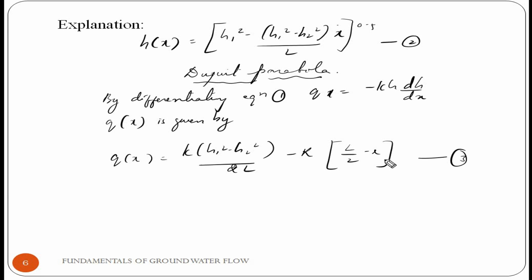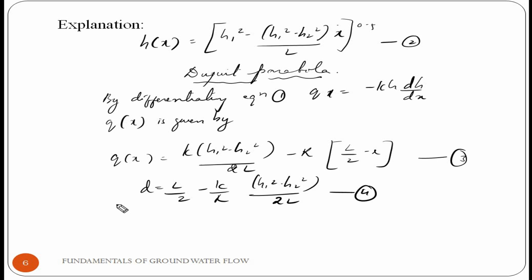So if d is the distance from origin to the groundwater divide, then substituting q of x equal to 0 and x equal to d into the equation, we get d is equal to L by 2 minus K divided by R into (h1 squared minus h2 squared) divided by 2L. Let us say this is equation 4, where all the variables have the same meaning as defined earlier.